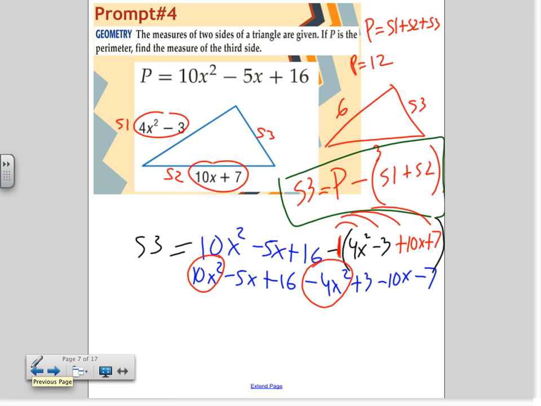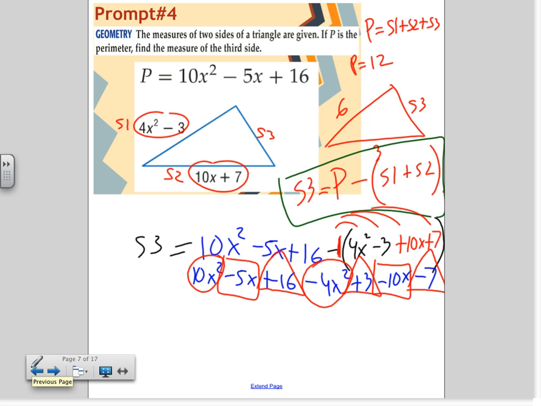Anything else? That's the x, so let's box that. See it? Sign in front, I need to include. Anything else? The 16, positive 16, positive 3, -7. We're good? All right, let's put all the circles together first.